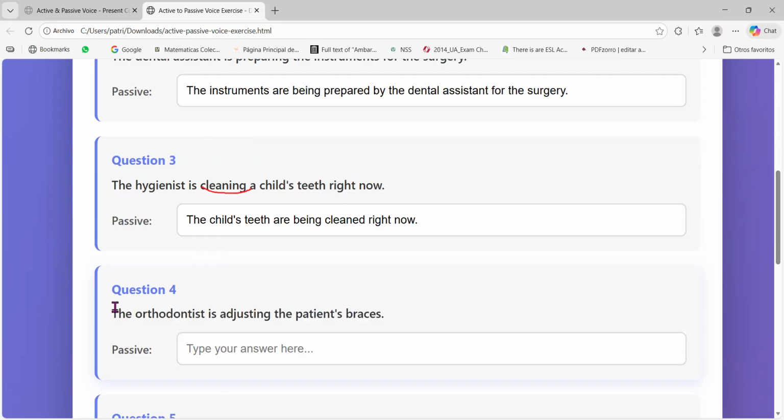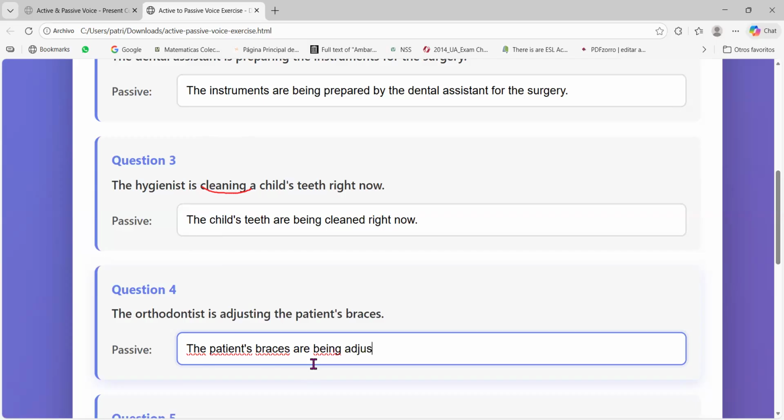The patient's braces are being adjusted. Braces is plural. Are being adjusted, yes, with ed.